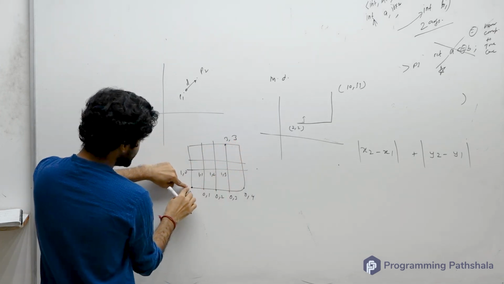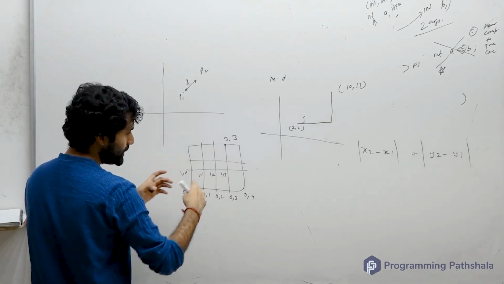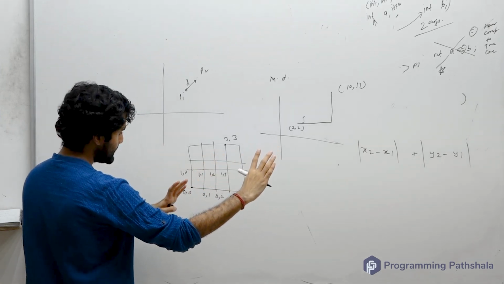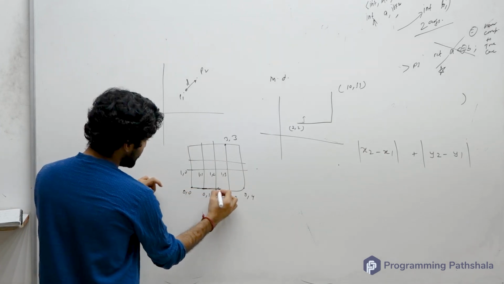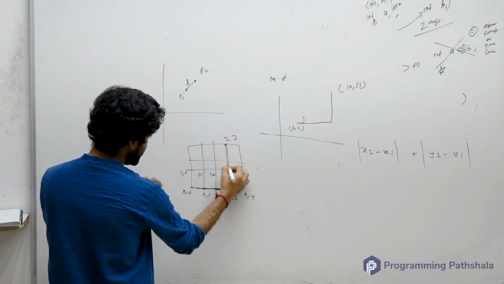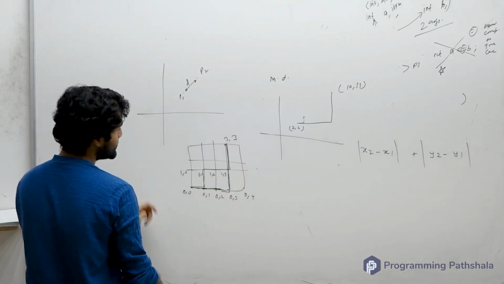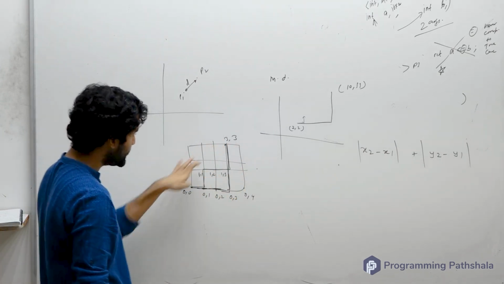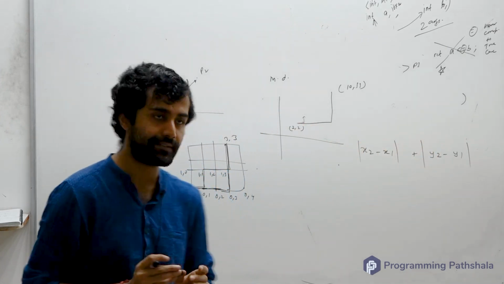So if you have to reach, let's say, from here to here, and you are just talking about the shortest distance, so you will not move down or something like that. In that case, this is the path that you might take. You could have taken other paths also, but again, Manhattan distance within that would have been same, which is 3 plus 3, that is 6. So this is the actual meaning of Manhattan distance.